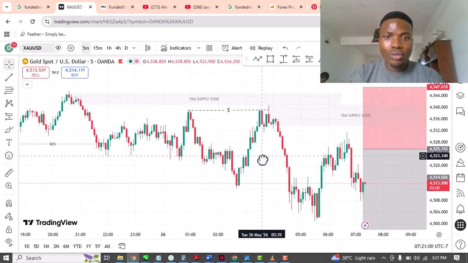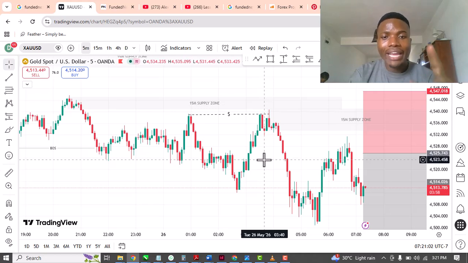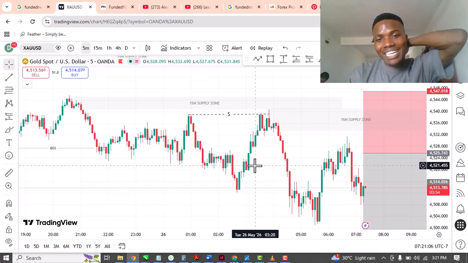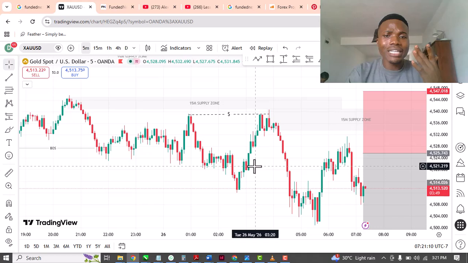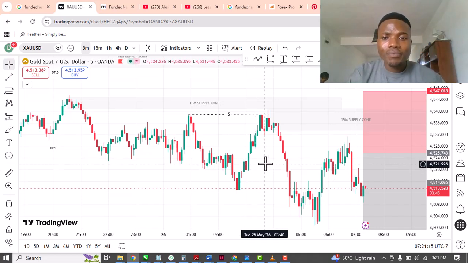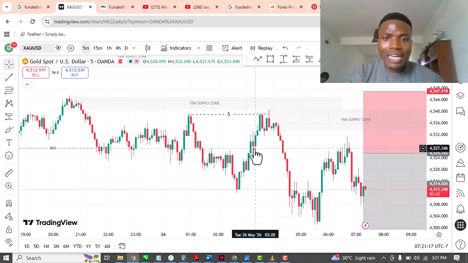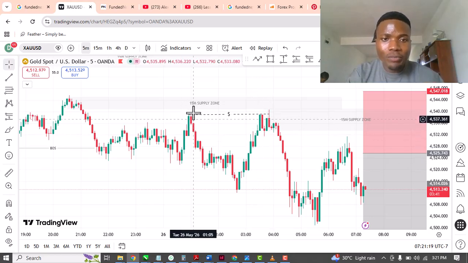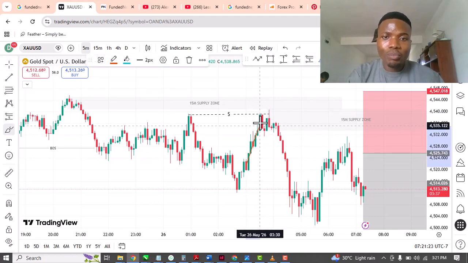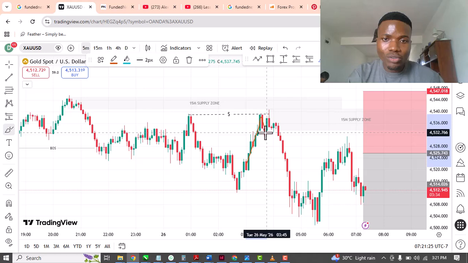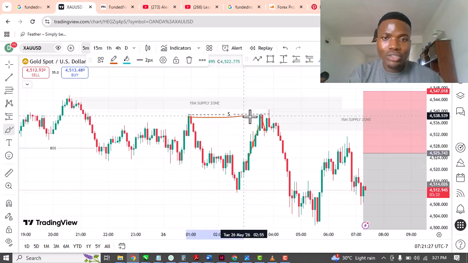But before 1 o'clock, I observed something in the market, and it is liquidity. That is when I begin to understand price. Before 1 p.m., I see that there is a liquidity sweep above this high. Price moved to the upside, reversed a little bit, creating a double top.